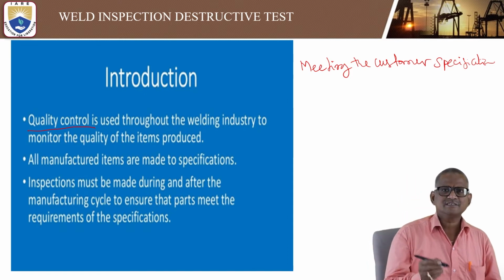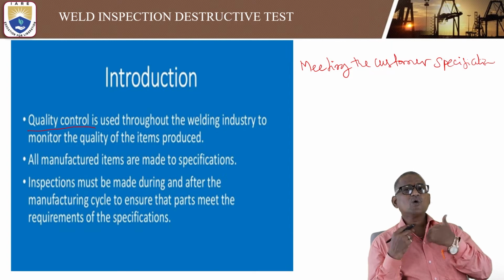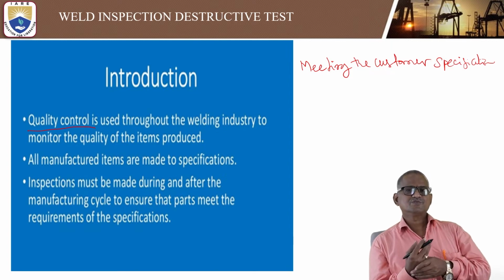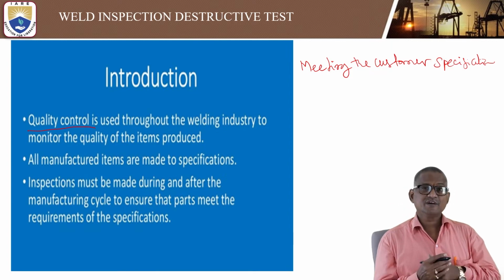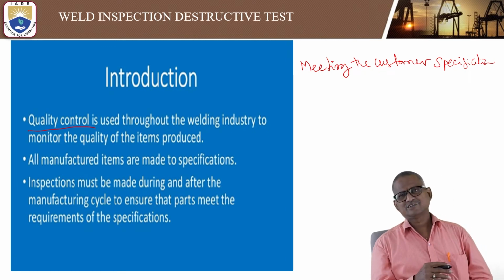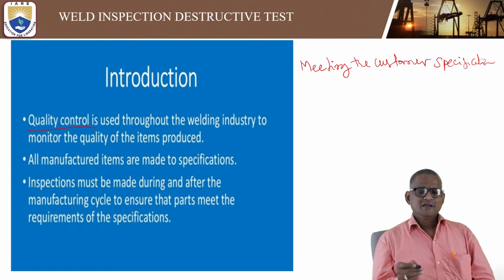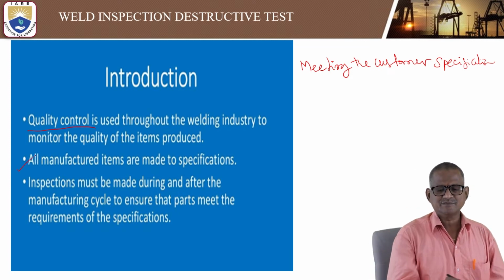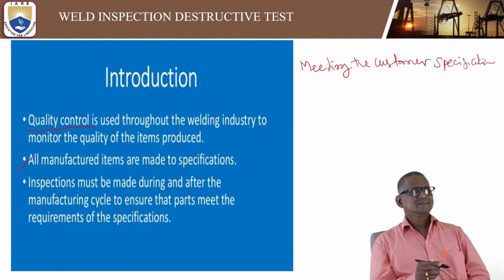In this case, the welding industry monitors the quality of the items to be produced. Based on this destructive test only can you identify the quality of items produced, and whether all manufactured items are made to specification.